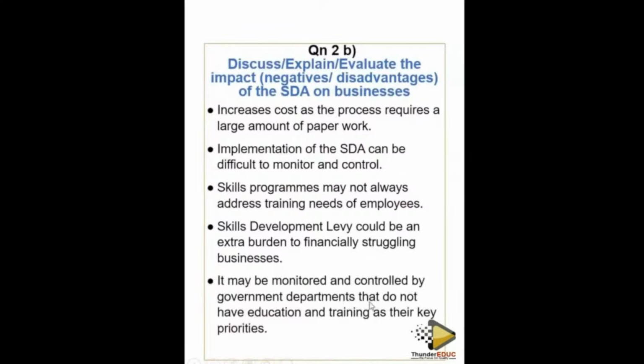So moving on, it may be monitored and controlled by government departments that do not have education and training as their key priorities. So this one, in short, you still remember, I told you that SETA is the one that monitored the implementation of the Skill Development Act. So now in that SETA, it is built of different bodies, and amongst the bodies in that SETA are government officials.